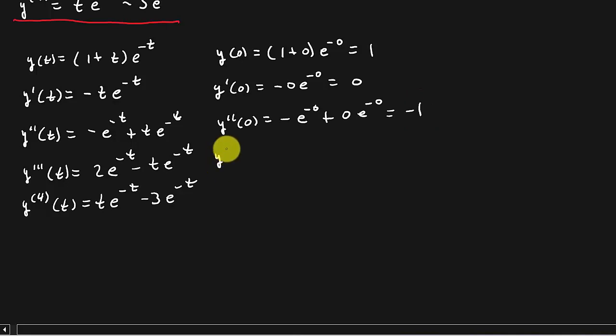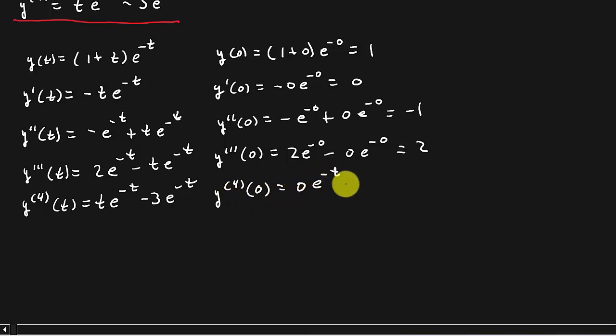Y triple prime of 0 is 2e to the negative 0 minus 0e to the negative 0, which is 2. And the fourth derivative evaluated at 0 is 0 times e to the negative t minus 3e to the negative 0, which is negative 3.